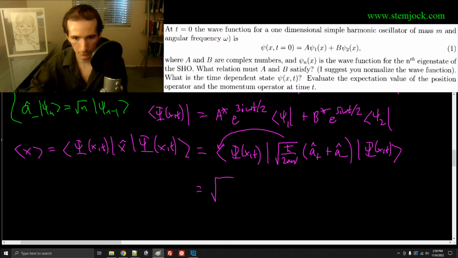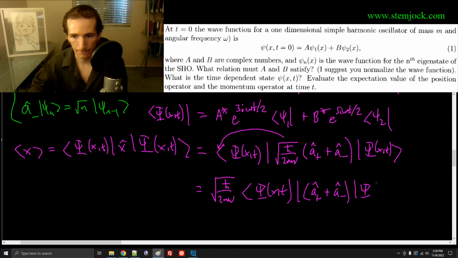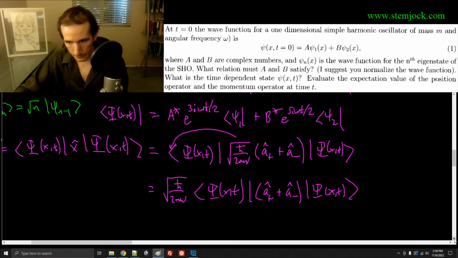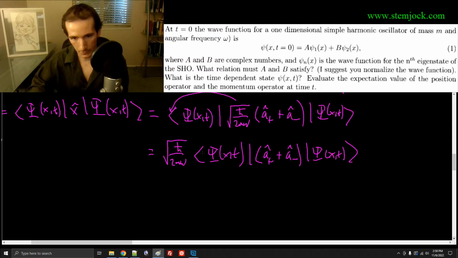So this is square root of h bar over 2mω times the inner product, bra psi(x,t), with my operators (a_plus hat + a_minus hat), ket psi(x,t). This inner product represents an integral, so I'm going to split it up.